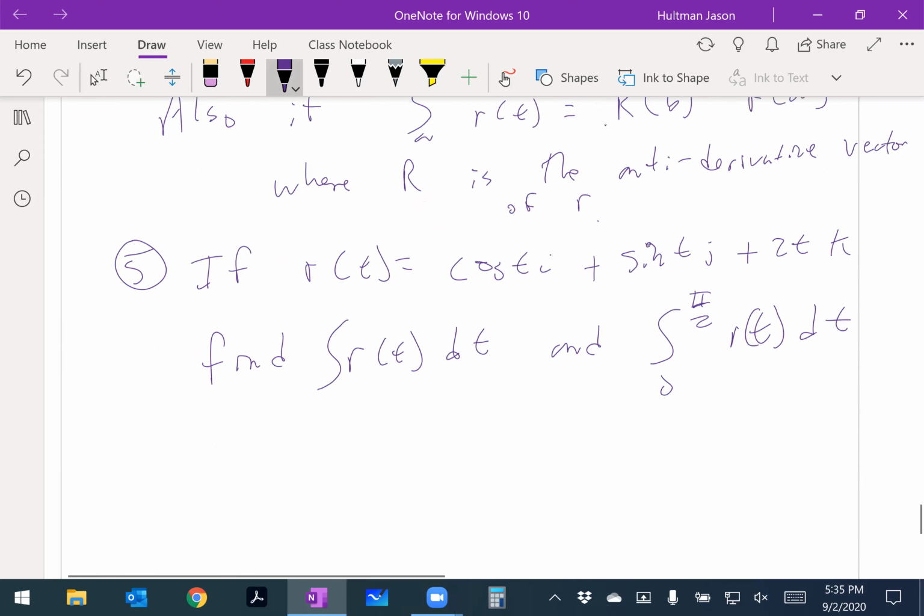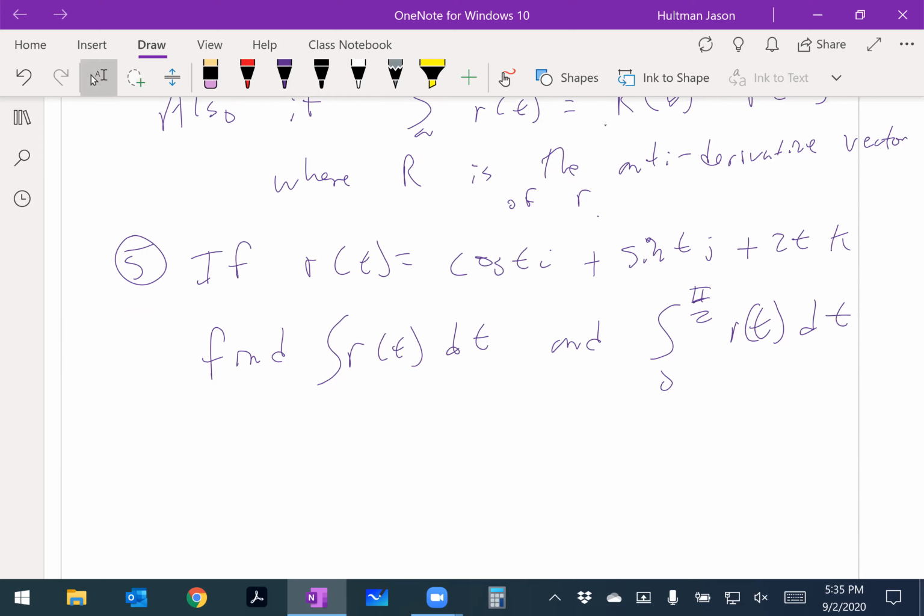Okay. So let's integrate this thing individually. The integral of r of t dt is going to be equal to what? The integral of cosine t is sine t plus c, some constant.